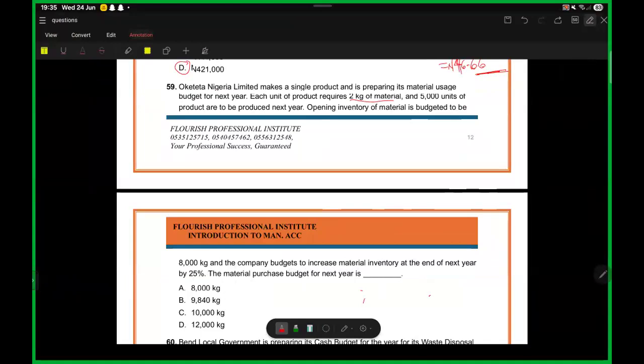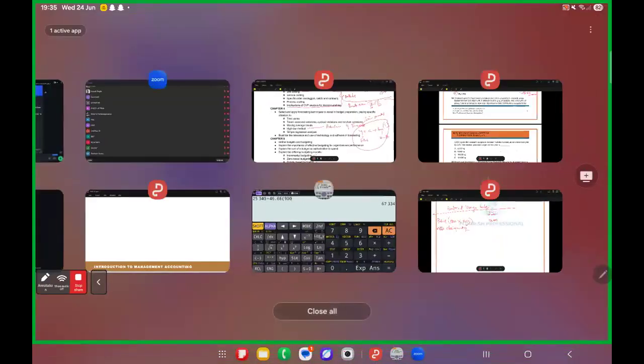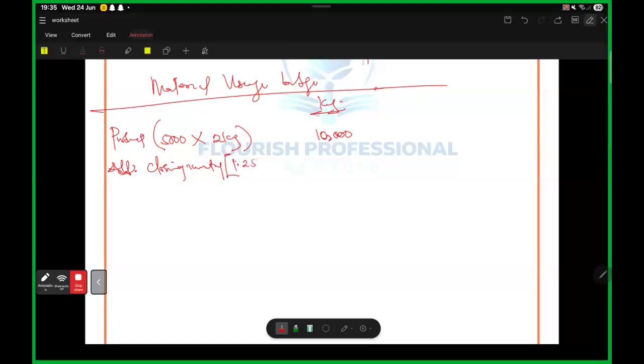So we can do 1.25 times the 8,000 of the opening. Guys, what will it be? I think it should be 10,000, so we get 20,000 as the total. Confirm the figures for me.